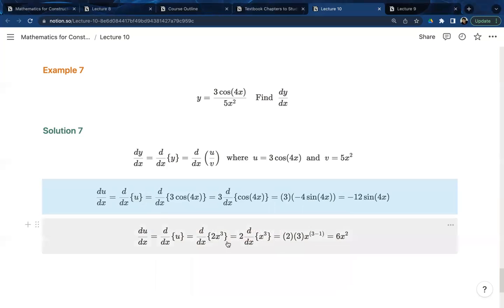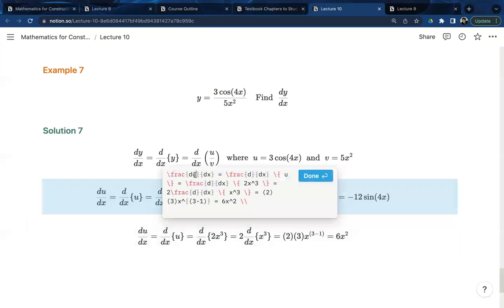Okay. So that's your du dx, that's your numerator, right? Minus 12 sine 4x. The denominator now is the dv dx. That's the derivative of v with respect to x. V is 5x squared. We could pull out the 5 and just deal with x squared.